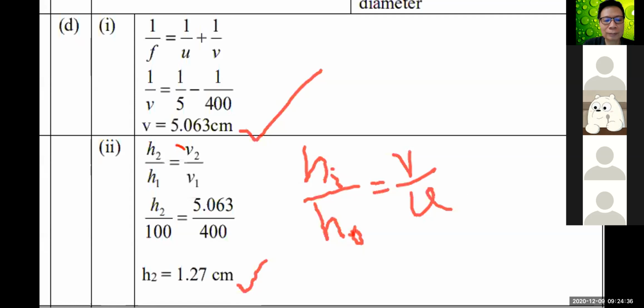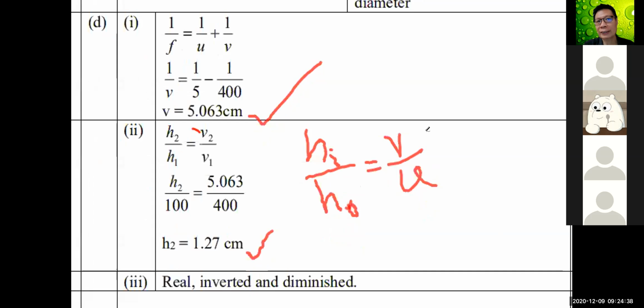Thank you. It's real because the image is supposed to be captured on the screen. There's a film inside or a digital board inside the camera, so you must be able to capture it on the film. So it must be real. Real, inverted, and becomes smaller. Of course, when you take a picture of a person, the whole person cannot go inside the camera.